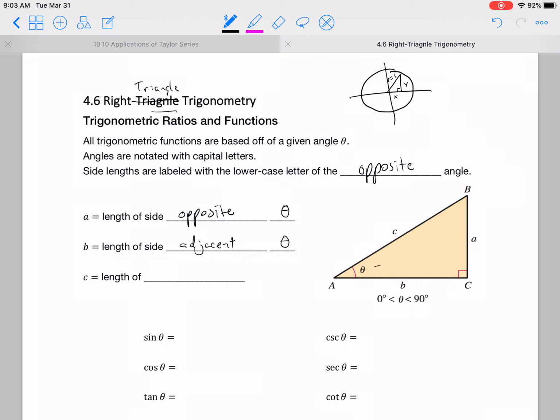Okay, so adjacent, right next to it, opposite, across from it. And then the length of C is the hypotenuse. It will always be across from the 90-degree angle, and it's going to be your longest side. That one always is.